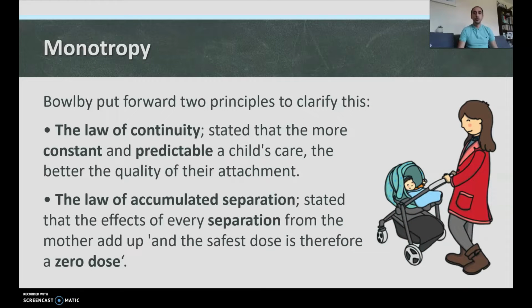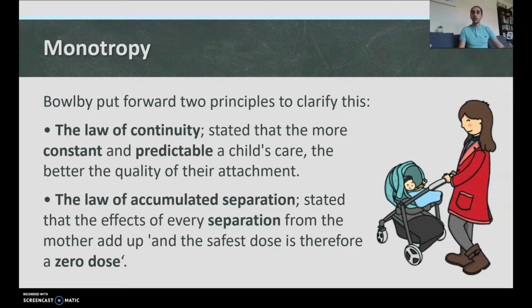Bowlby put forward 2 principles to clarify this: 1, the law of continuity, and 2, the law of accumulated separation. The law of continuity stated that the more constant and predictable a child's care, the better the quality of their attachment.